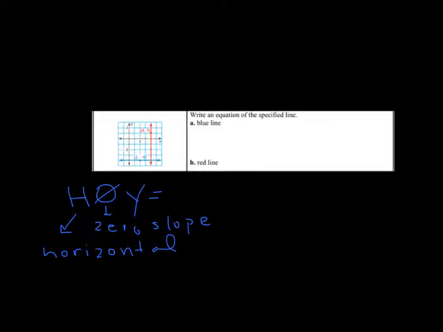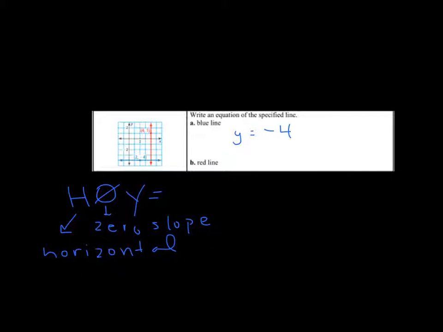In order to write the equation of a horizontal line, we know that it is going to be y equals a number. The number is wherever it touches the y-axis. If you notice here on this blue line, it is touching y at -4. Therefore, the equation of the blue line is y equals -4.